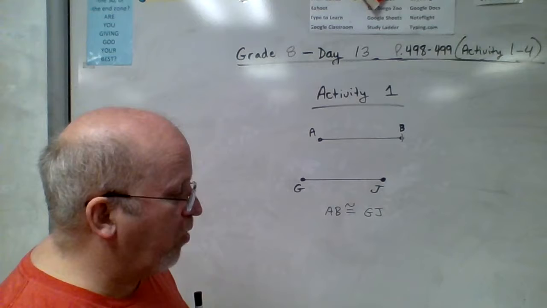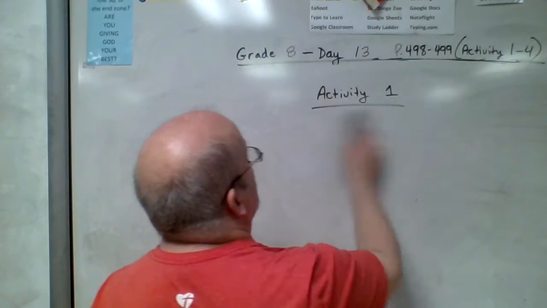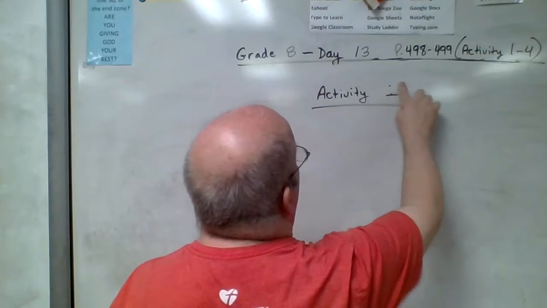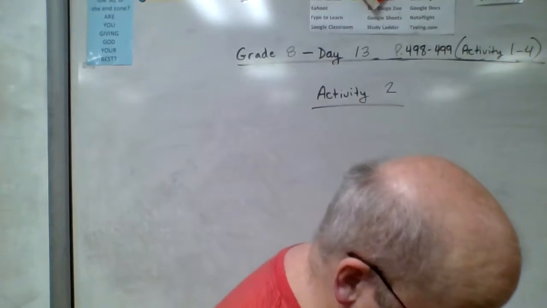Activity 2 is constructing an angle that's congruent to a given angle. So let's grab a straight edge here.